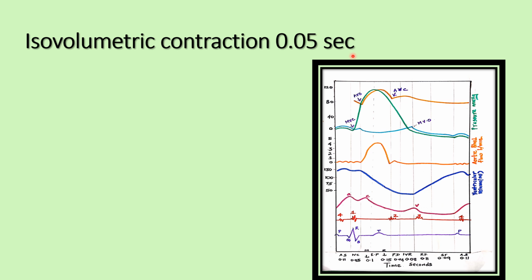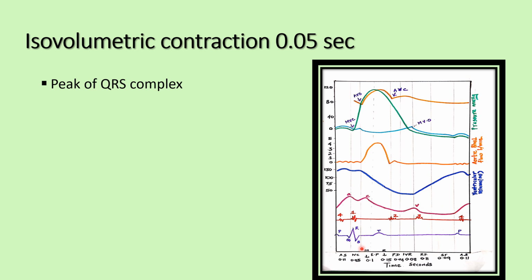It starts with the mitral valve closure and ends with the aortic valve opening. The total duration is 0.05 seconds. During the isovolumetric phase, both the valves are in the closed state.